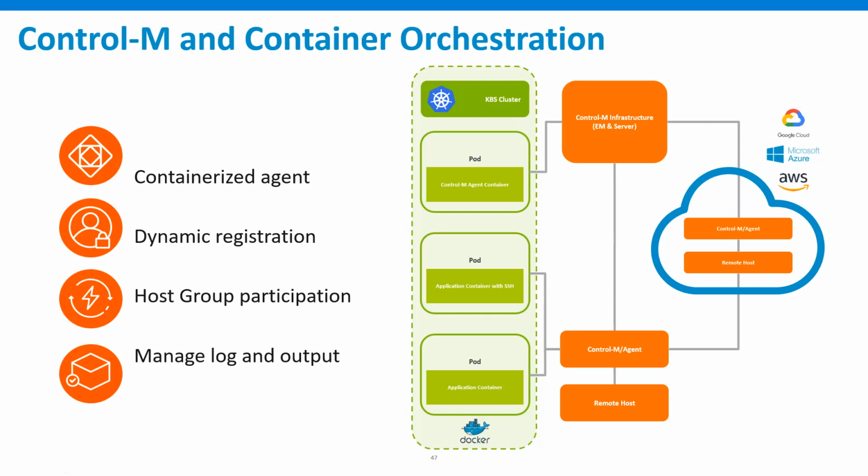Maybe there are some organizations who have a preference that they just want Control-M to start a pod or stop a pod, instead of orchestrating the applications which are residing inside the pod.